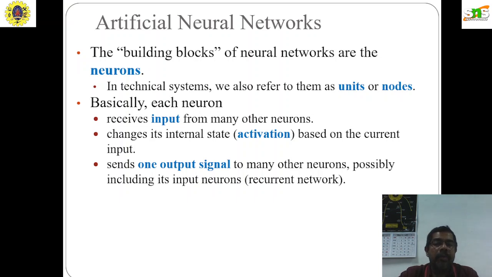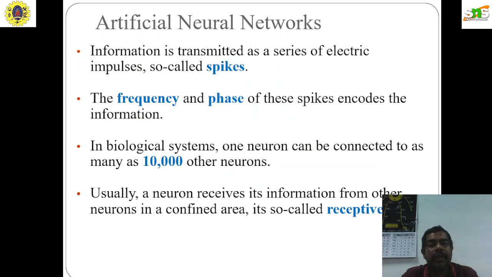It sends one output signal to many other neurons, possibly including its input neurons. If you do this, such a network is called a recurrent network. In artificial neural networks, the information is transmitted as a series of electric impulses, called spikes. The frequency and phases of these spikes encode the information.